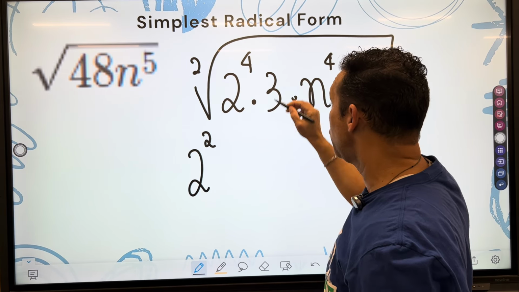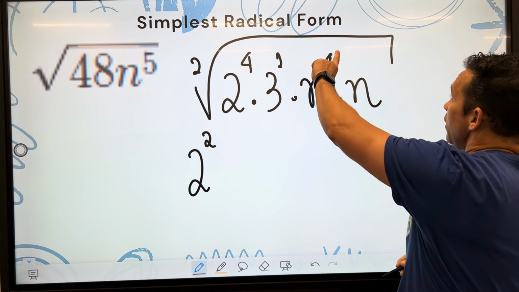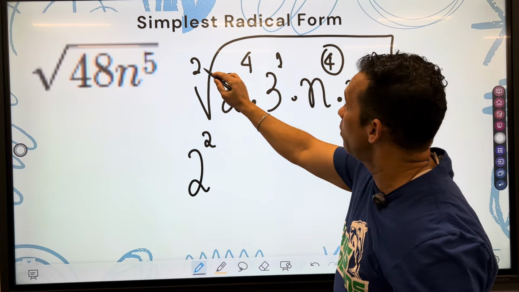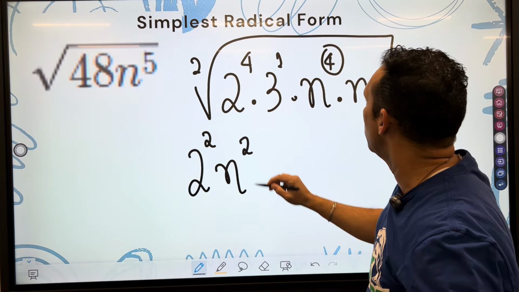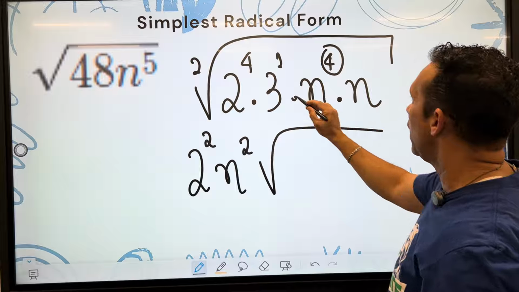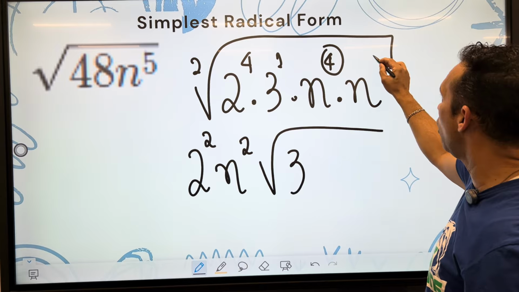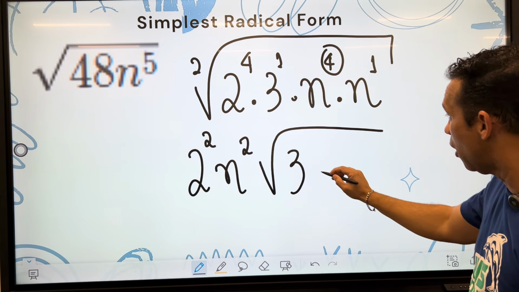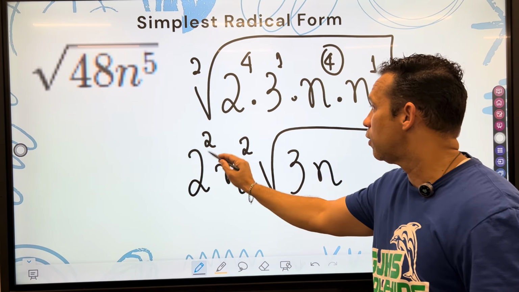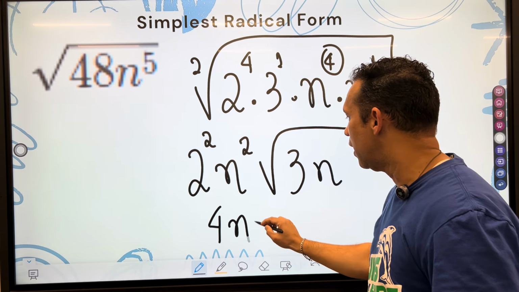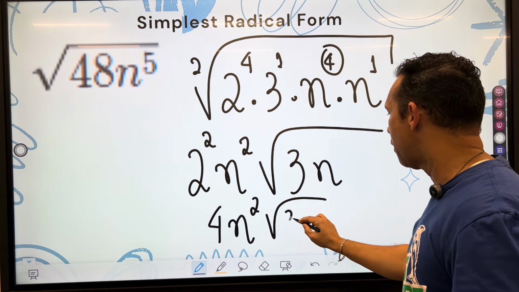The 3, sorry, you have to be in, you only have $1. The n to the power 4 can go out: 4 divided by 2, n to the power 2. We're good. This guy can't go out, only has $1. Also, this one can't go out, only has $1. He will be in. 2 to the power 2 is 4, and the answer is 4 n squared square root of 3n.